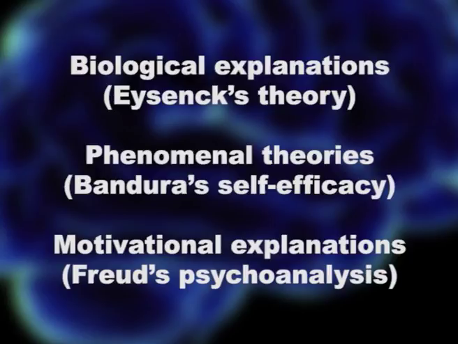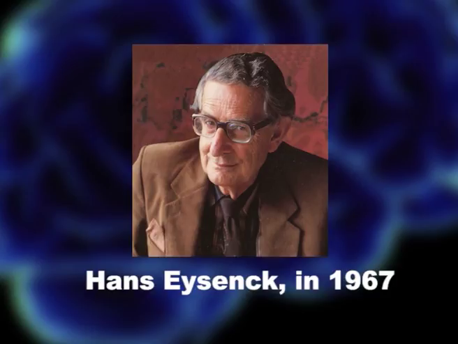as in Freud's psychoanalysis. In 1967, Eysenck developed the three-factor theory of personality, which is a biosocial explanation for criminal behavior. The theory includes three factors of personality which seem to be higher in criminals.